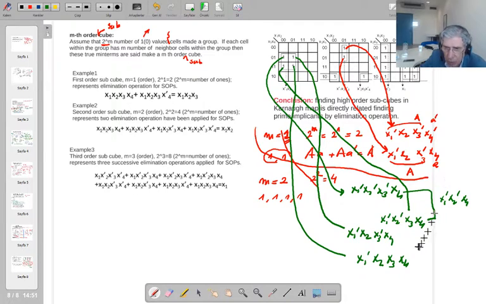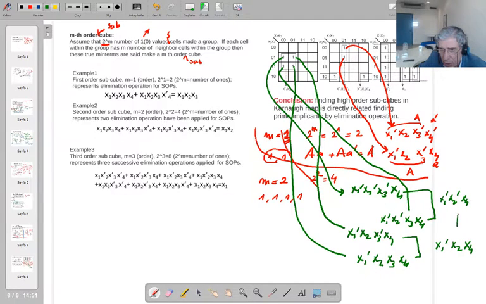Elimination of one variable. So if you consider now these two, x3 has gone. What is left? x1 prime, x2, x4, isn't it? So these are the common part. x3 is changing, so x3 disappeared. What is left is this.